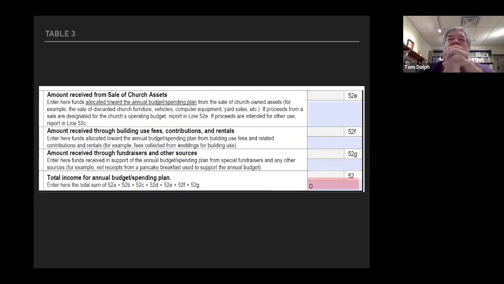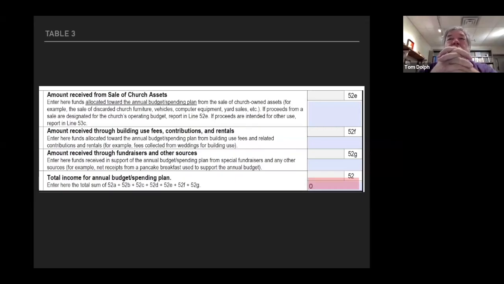Again, you see there the emphasis on budget spending plan. I want to say to you that anything that would normally be considered a normal operating expense goes here. For example, there have been churches in the past that, to avoid it on the expense side, would have people designate their contribution for utilities.